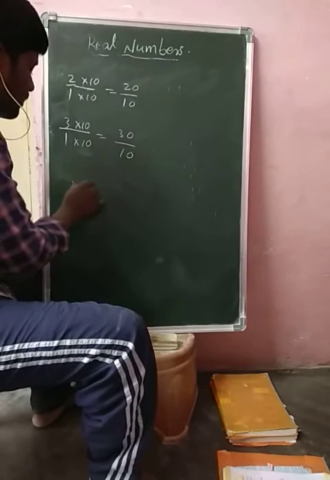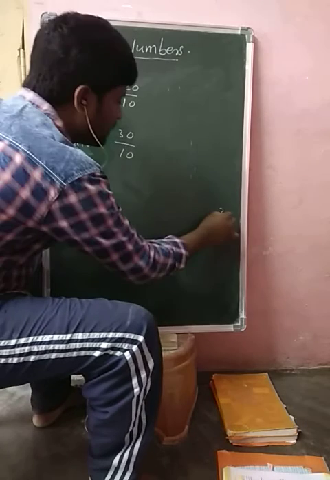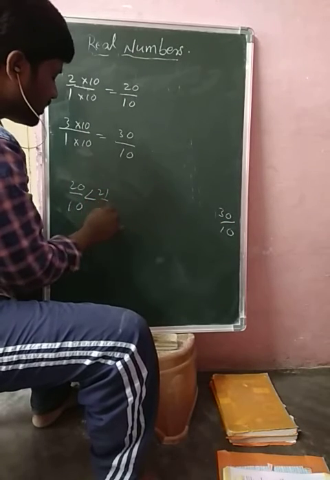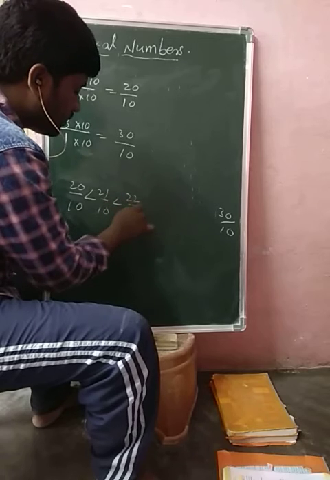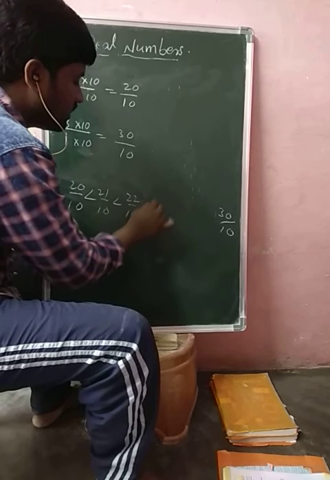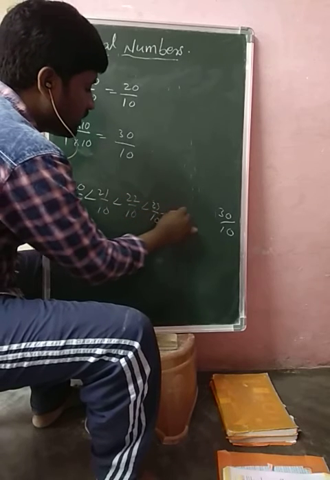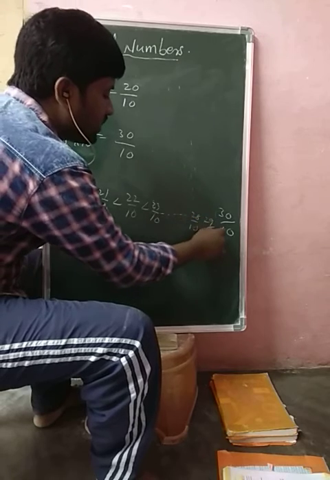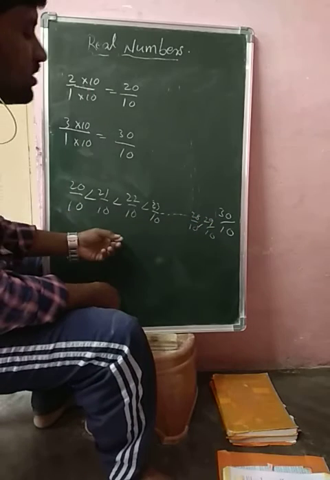So in between 20 by 10 and 30 by 10 there exist some rational numbers, that is 21 by 10, 22 by 10, 23 by 10 and so on, 28 by 10 and 29 by 10. So we can find like this also.